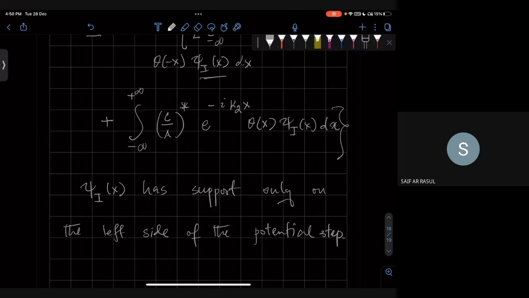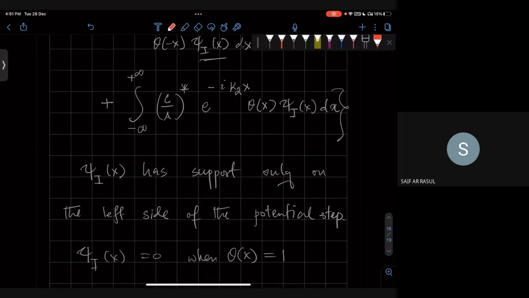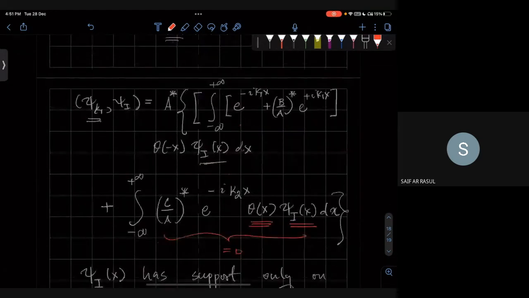So that means that psi of I of x is 0 when theta of x is 1. So this integral is going to give me 0, because where this is positive, that is 0, and vice versa. So we are left with these two integrals.